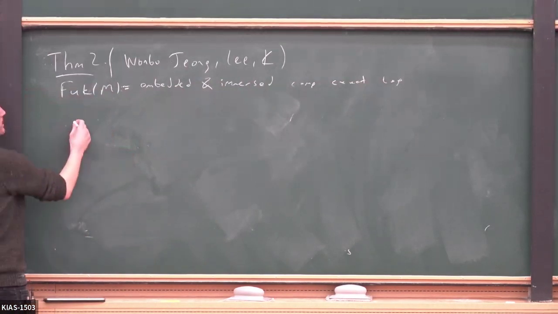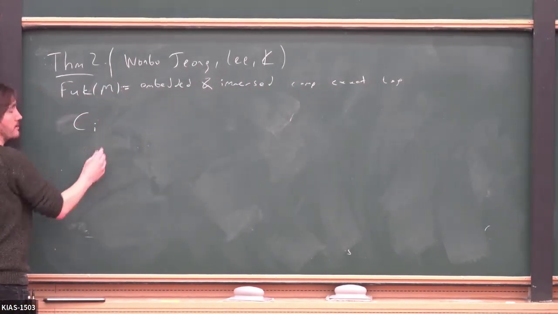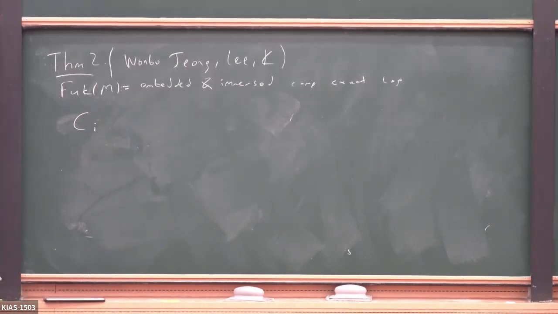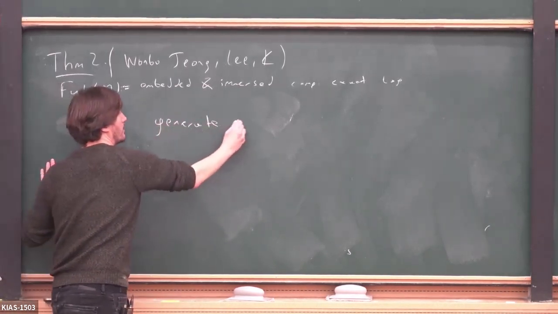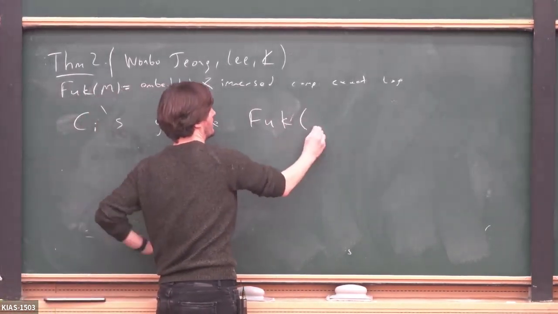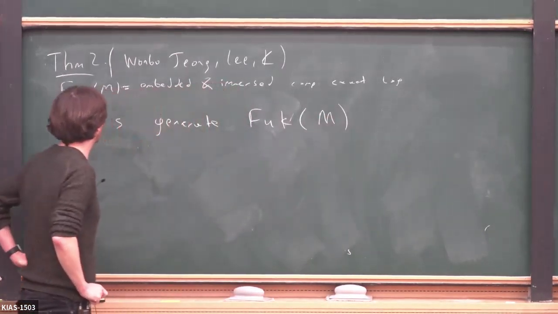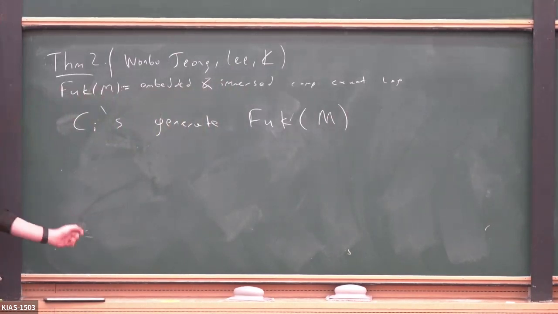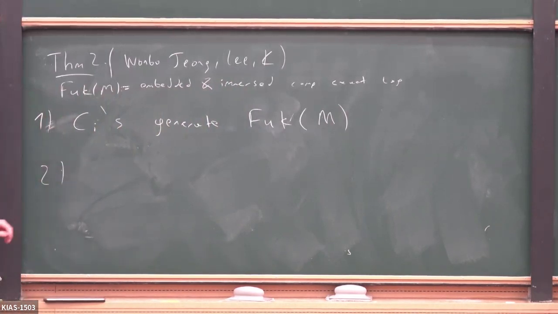And then the CIs, remember CIs, right? Those things, the CIs, generate the Fukaya category of M. This is maybe part 1, with local systems.